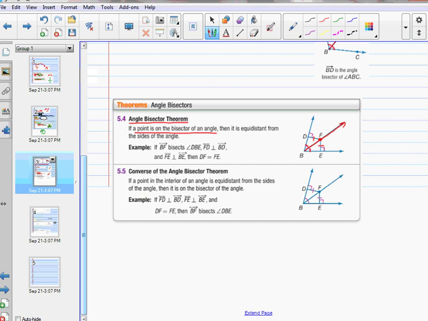Now we need to understand how we measure the distance between a line and a point. So here's a line, here is a point. How will I measure the distance from that point to that line? I could draw in all sorts of places. I could draw just like that. Do you think that would be considered the distance between the point and the line?